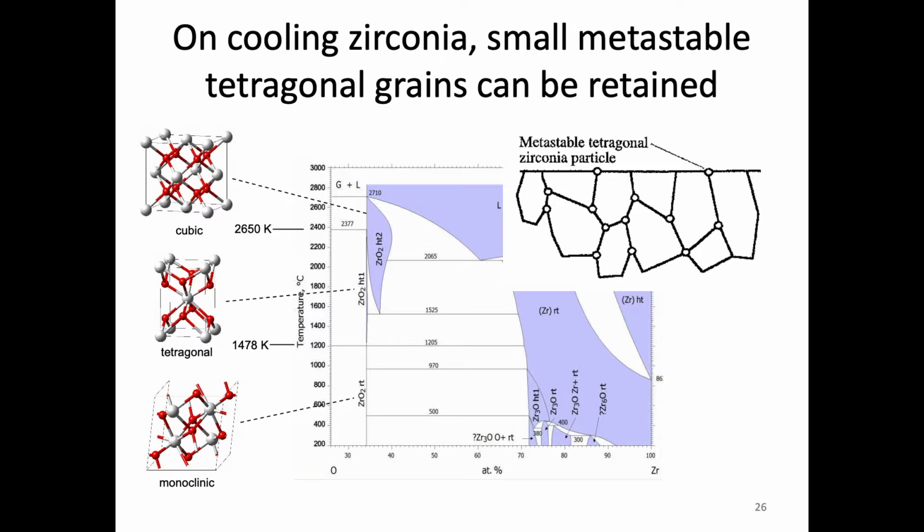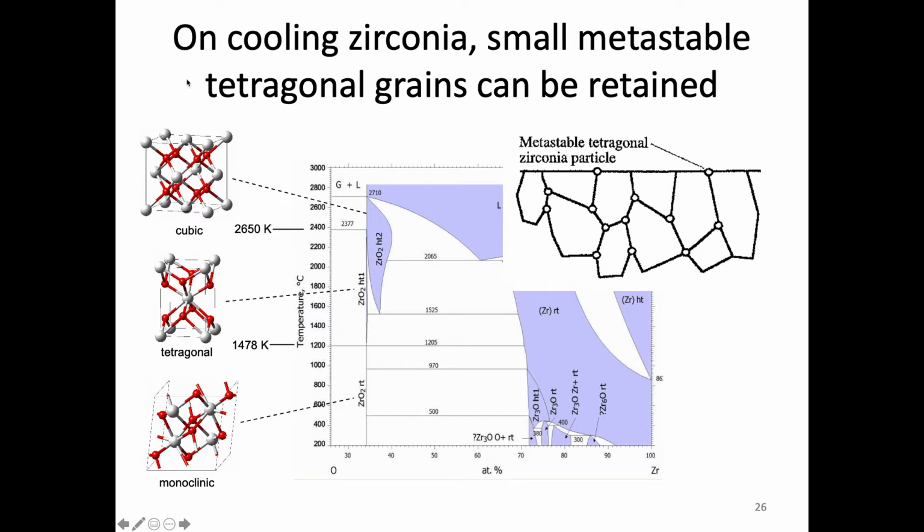If we look at this system, we notice that at room temperature, the stable phase is actually monoclinic, and it's the higher temperature tetragonal that is the phase that's metastable, right? So we're basically trying to stabilize these higher temperature particles at the lower temperature. That way, the stress can induce the transformation.